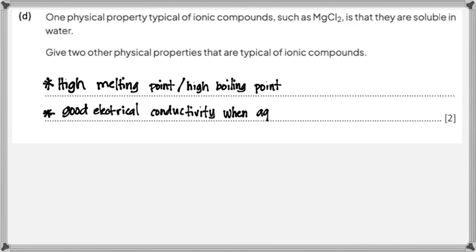So the state is aqueous solution, then it's a good conductor of electricity, or molten. I think this was mentioned in the previous questions. Alright, so that's for question 3.